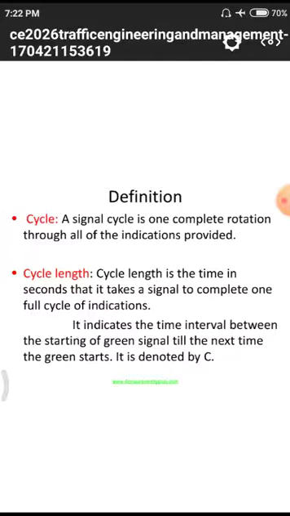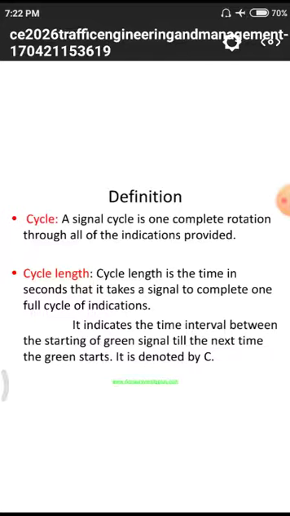That means the proper time is indicated here with cycle length. Cycle length is the time in seconds that a signal takes to complete one full cycle of indications. That means full cycle means total revolving of the particular rotation.